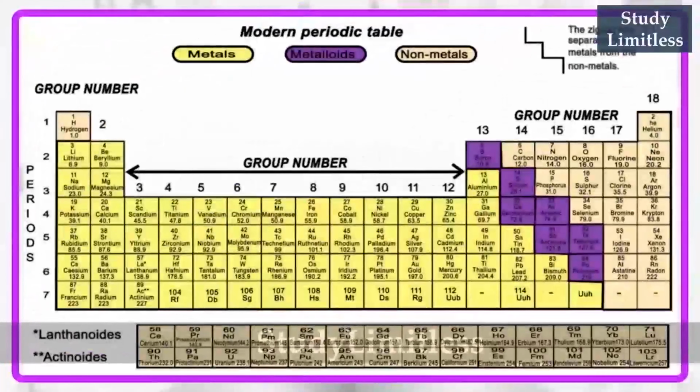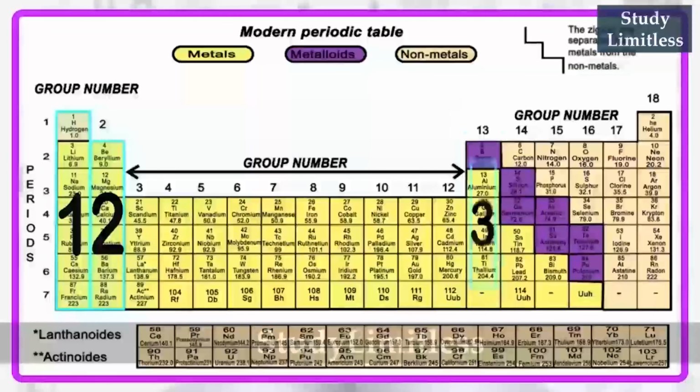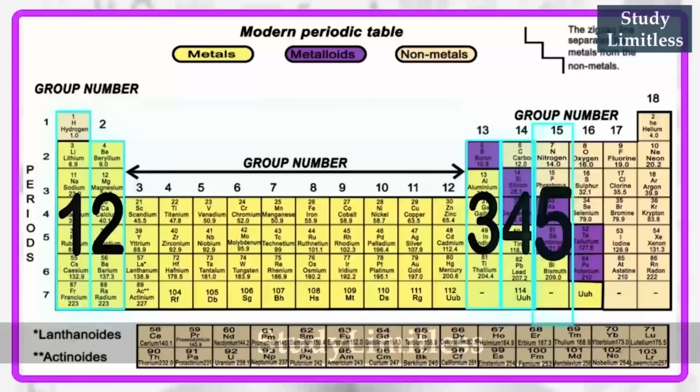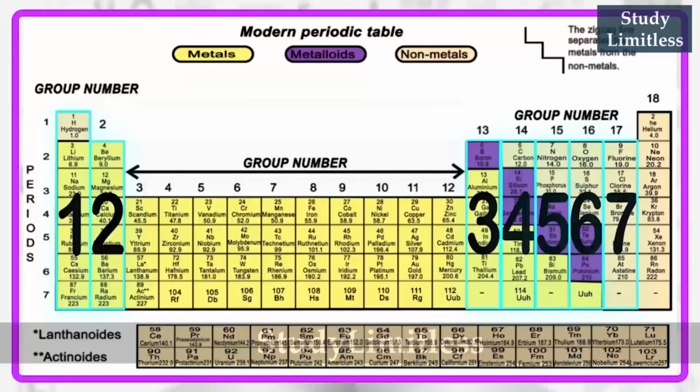If you take a close look at the periodic table, you would understand that the elements in the first group have one electron in the valence shell, whereas the elements in the second group have two electrons in the valence shell. Group 13 has 3, 14 has 4, 15 has 5, 16 has 6, 17 has 7, and our very own 18th group of the noble gases has 8 electrons in the valence shell.